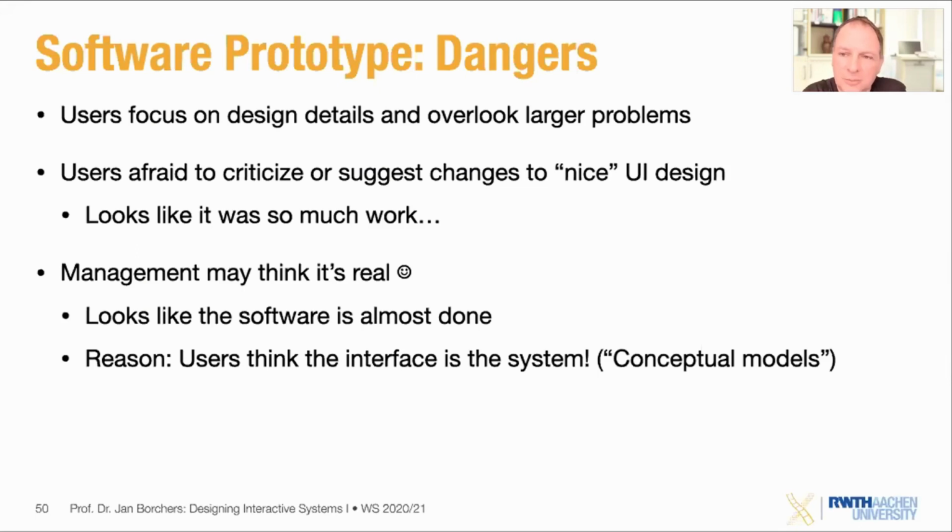If you immediately jump in with something that looks almost like the finished product, people are, first of all, going to be afraid to criticize, because it looks like you've done so much work, because obviously the system is almost done, right? That's what it looks like to them. So they are much more hesitant to criticize your design in fundamental ways, to say, for example, oh, we don't need this whole menu system. We need something completely different. We need a bunch of push buttons down here.